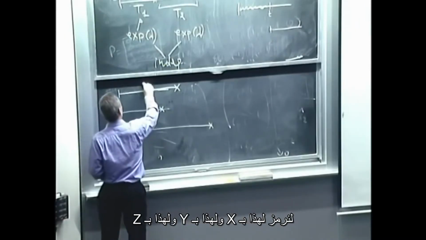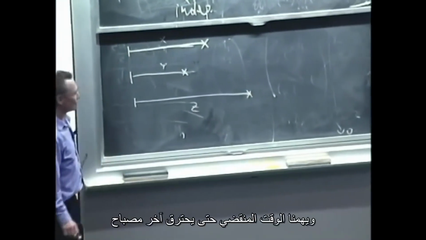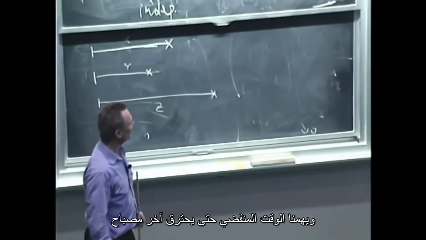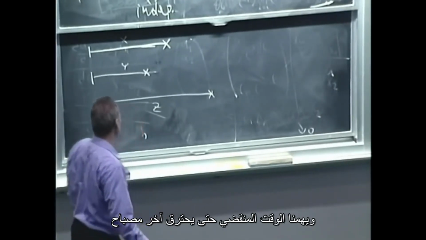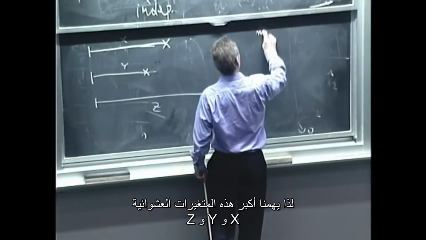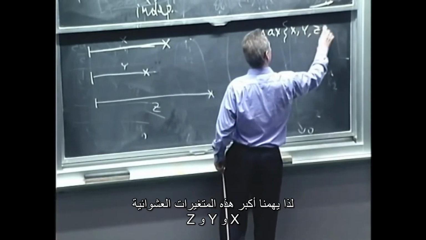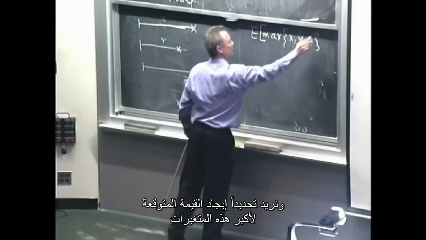Let's think of these as X, Y, and Z. We're interested in the time until the last light bulb burns out, so the maximum of the 3 random variables X, Y, and Z. In particular, we want to find the expected value of this maximum.